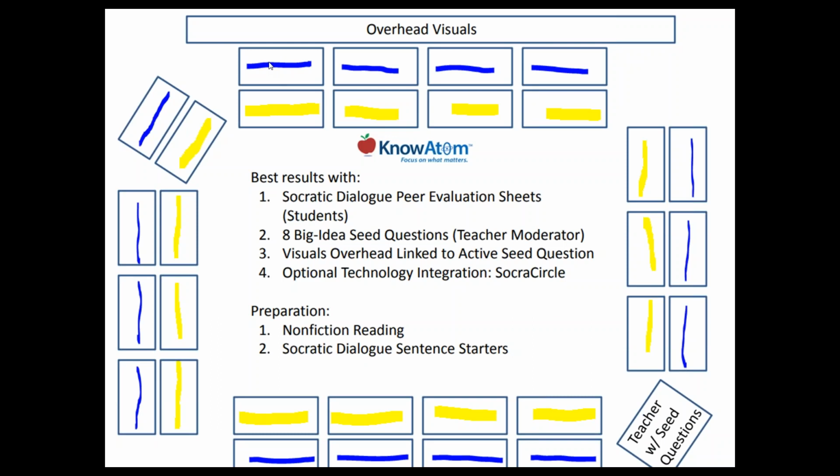What that student is doing with that peer evaluation sheet, which we helped develop with some of our users in Bayside, Wisconsin, is holding the student in the inner circle accountable and providing that student with feedback. So it's a kind of formative assessment based on what that student has done in the moment, which they can use in the very next Socratic dialogue.